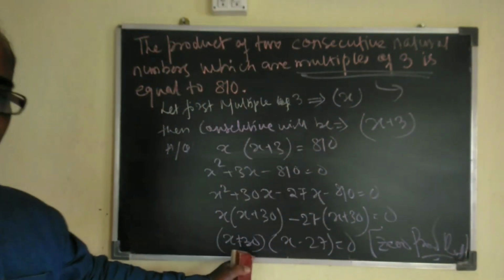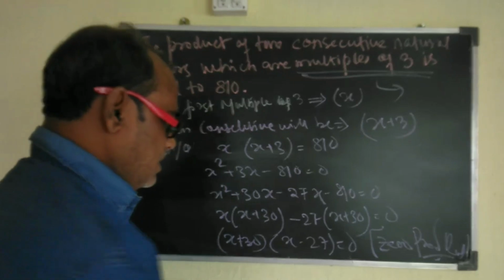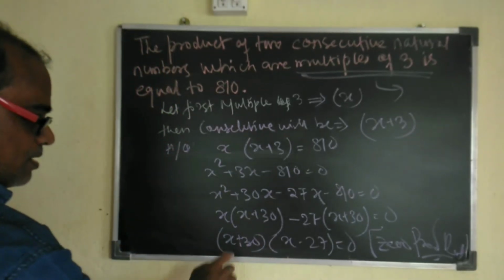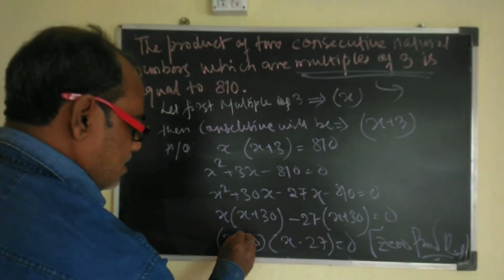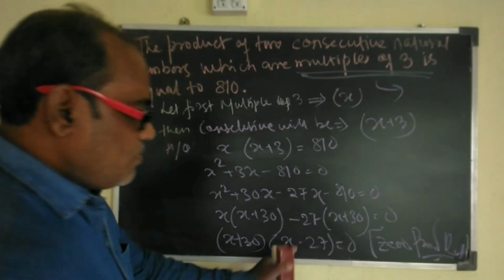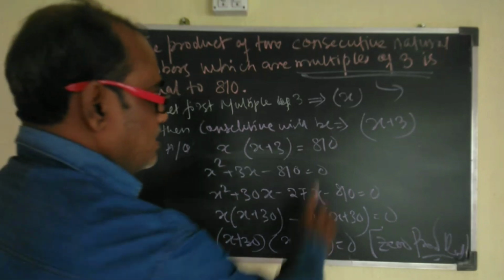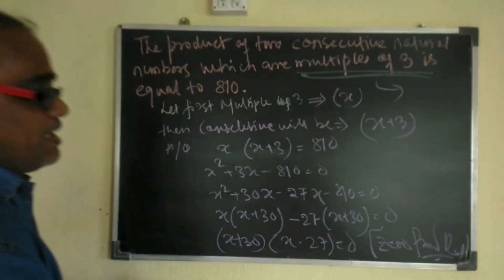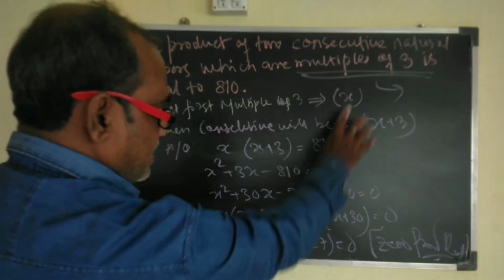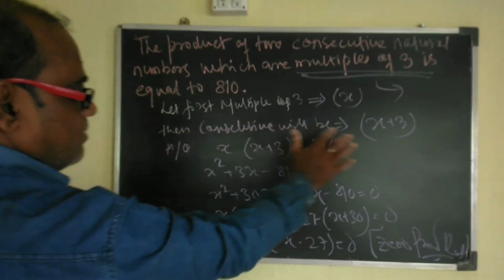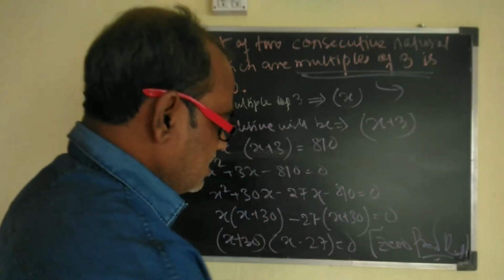That means x is equals to minus 30, which cannot be possible. From here, x minus 27 is equal to 0. So x is equals to 27. That means, since here they have said natural number, so first natural number is 27 and the other will be 27 plus 3, that is 30.